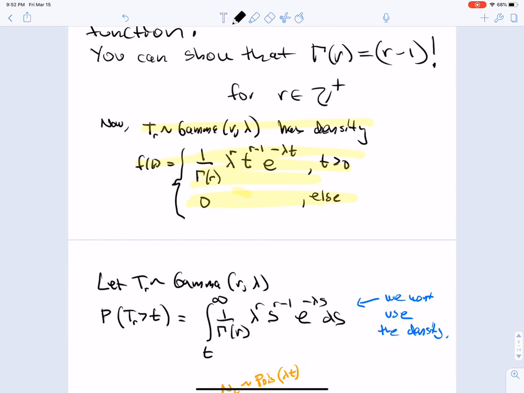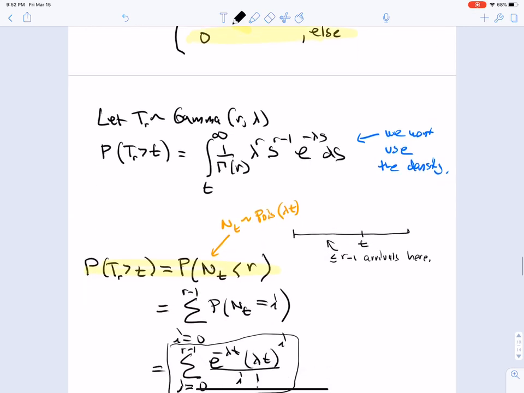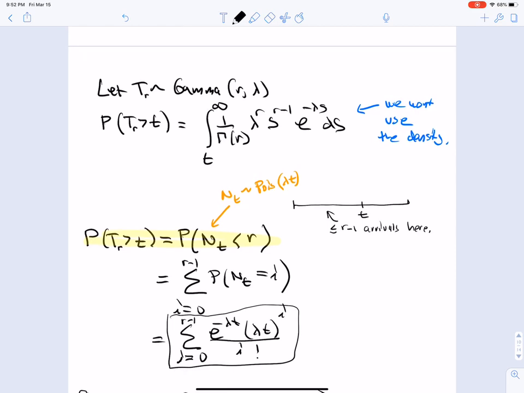And if you wanted to find the probability that T_r is greater than t, you might think that you could just integrate the density from t to infinity, and of course you can do that, but there's a much better way, and that's the following key observation: the probability that the rth arrival occurs in longer than t minutes is equivalent to the Poisson number of arrivals in t minutes being less than r.